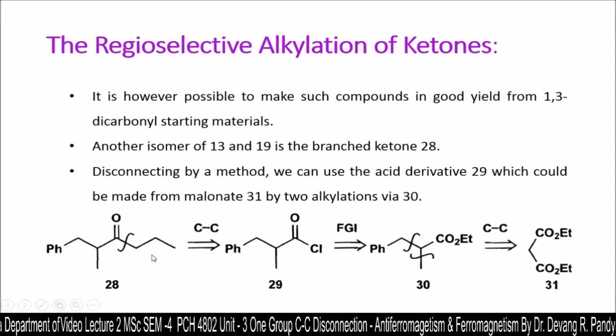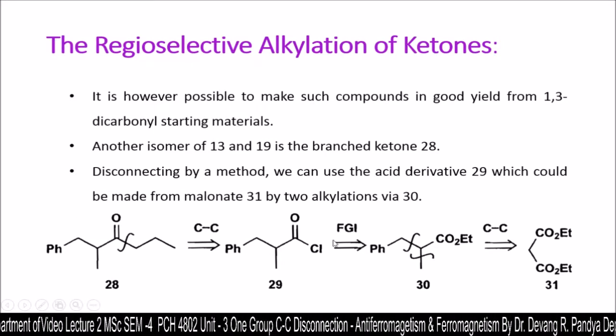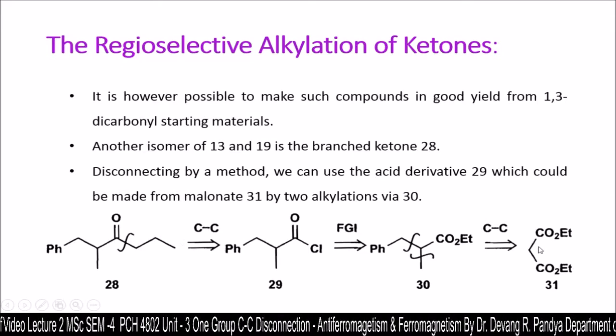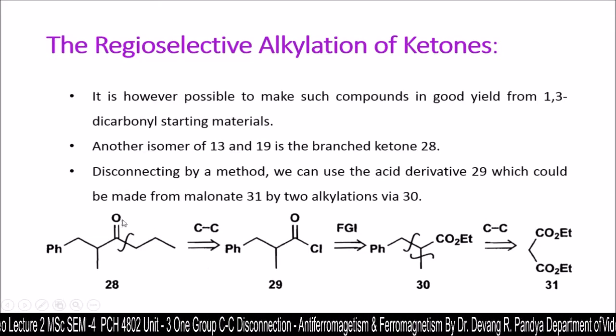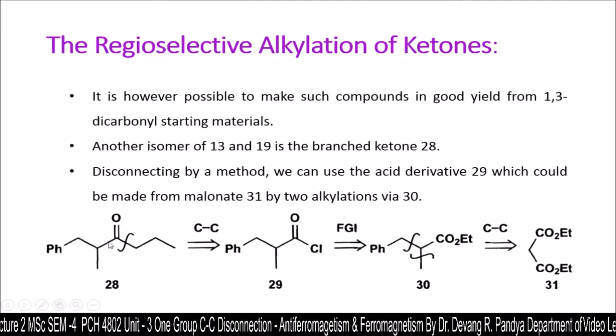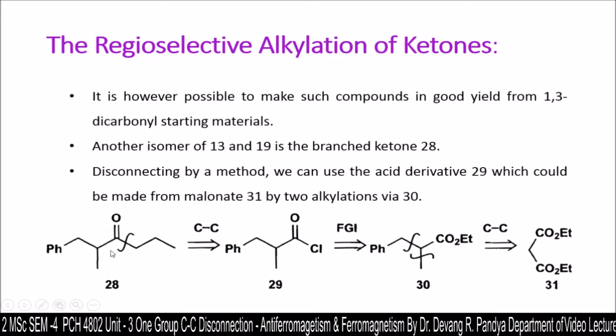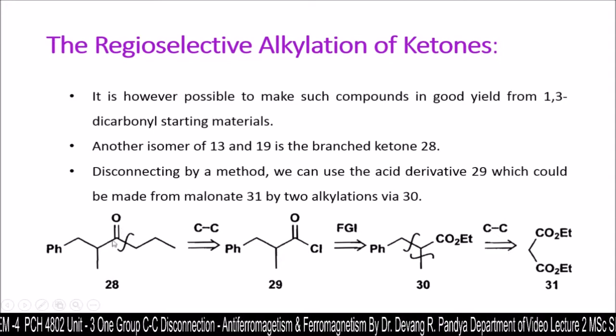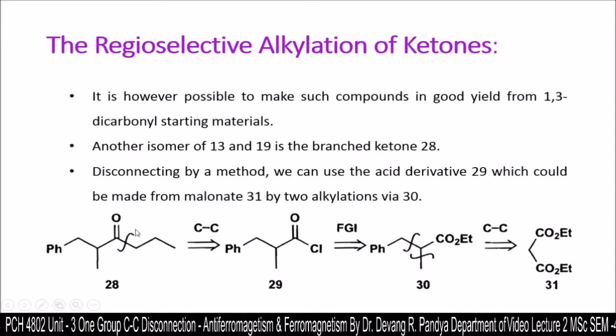So first we're going to get this target molecule. This is a disconnection approach or retrosynthetic analysis. We have taken this carbonyl compound, isomeric dicarbonyl starting material. To get that, we'll take this 28 structure.